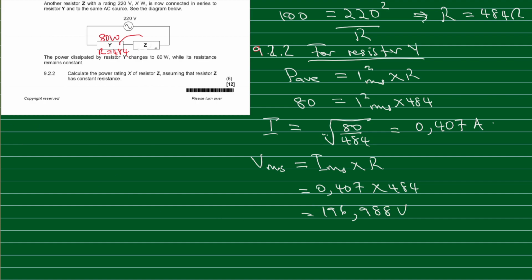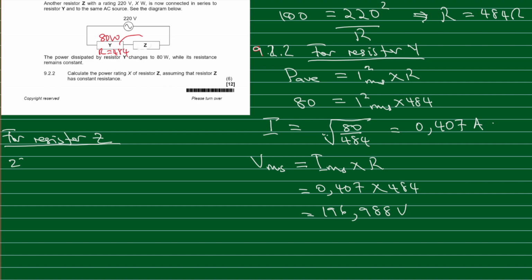Because now we want to calculate the resistance for Z. So let's go for resistor Z. We know that the potential difference here is 220.